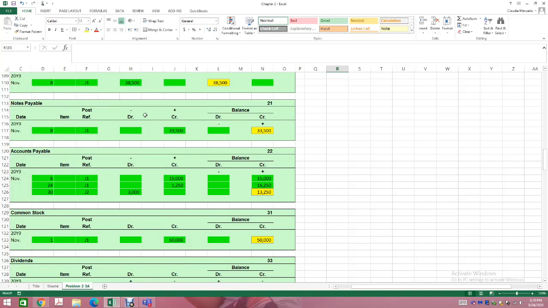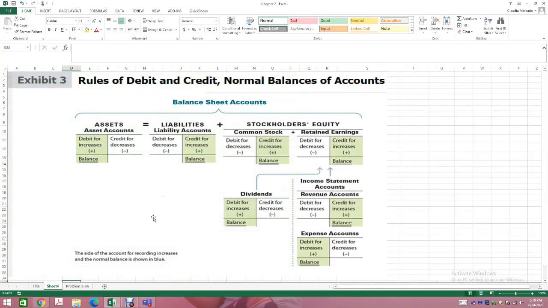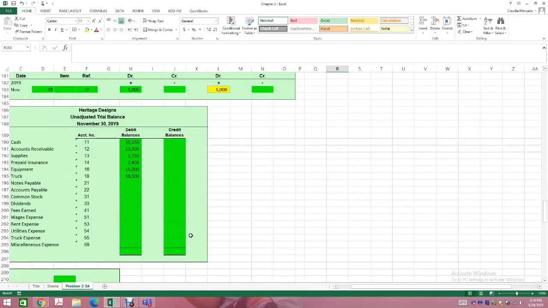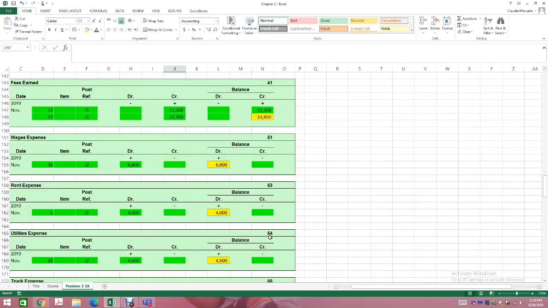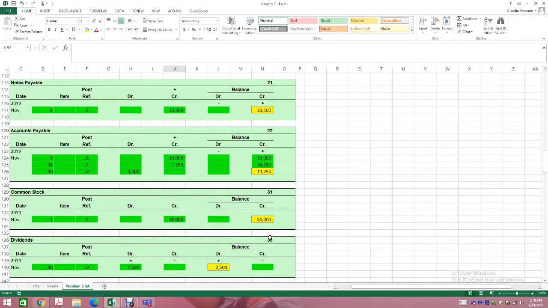Now let's look at notes payable. You have a credit balance of $33,500. So make sure that you transfer it as a credit. Notes payable of $33,500 credit. And then we have accounts payable, credit of $13,250.